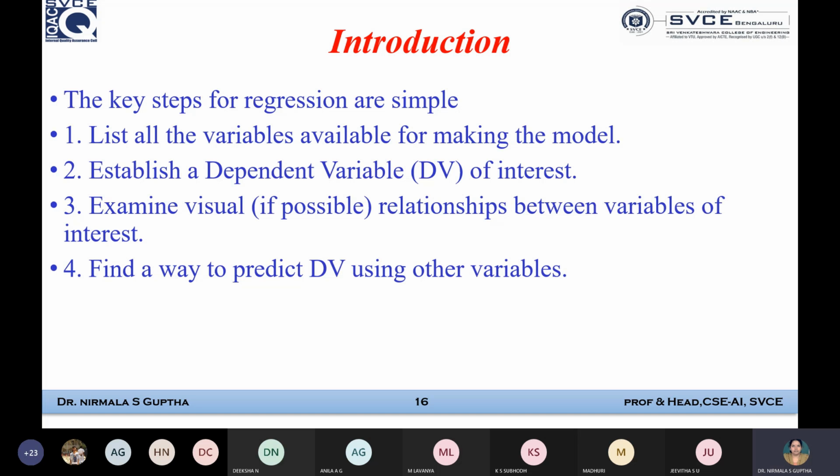Okay. The next thing is correlation. In the introduction, we said that we need to try to see the correlation. I said mathematically we define the correlation as small r. So let us see in depth what this correlation means, the relationship between the variables of interest, that is the dependent variable and the independent variable.